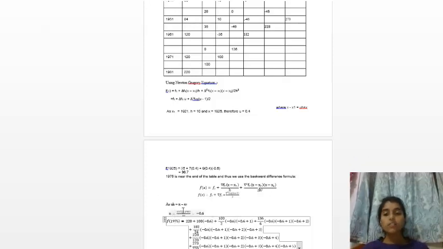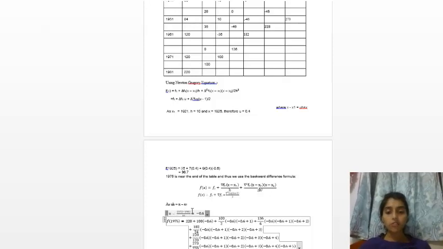Here uh is equal to x minus x7. So u is equal to 1975 minus 1981 whole divided by 10. So we get the value of u as minus 0.6.